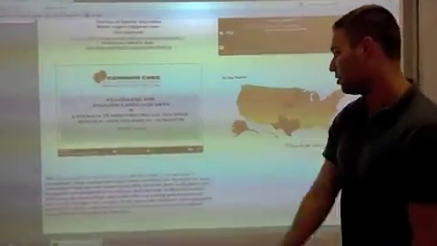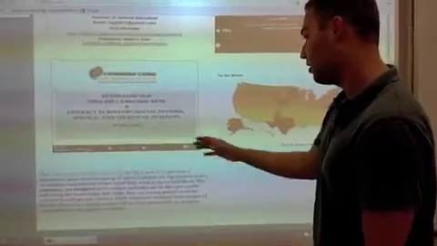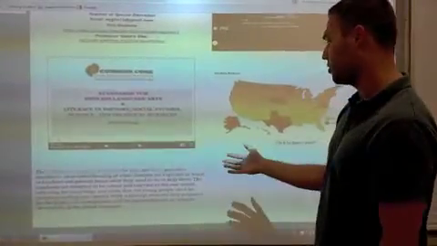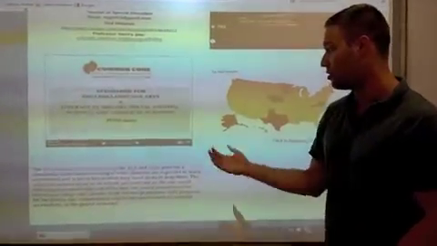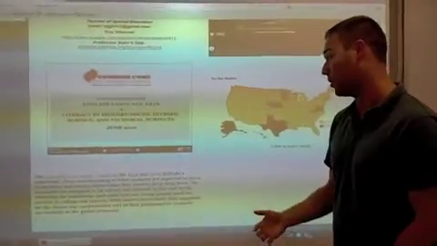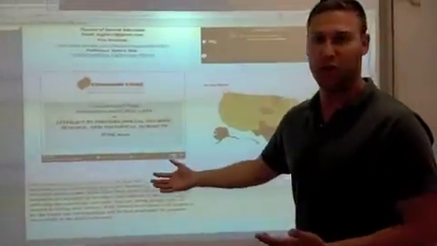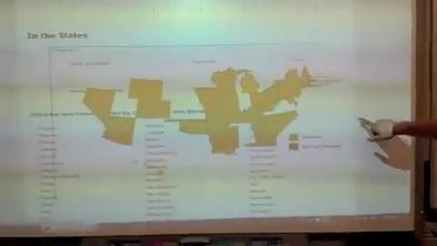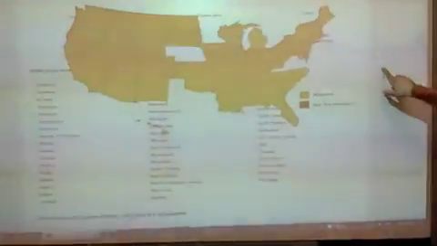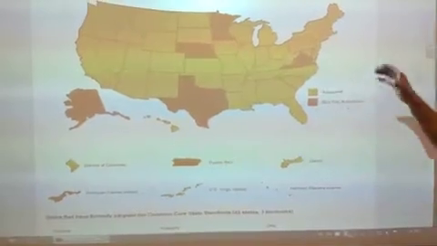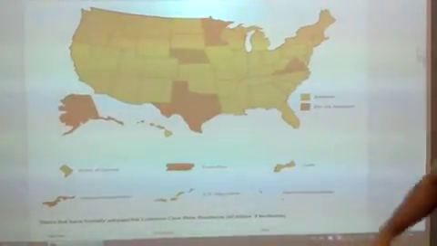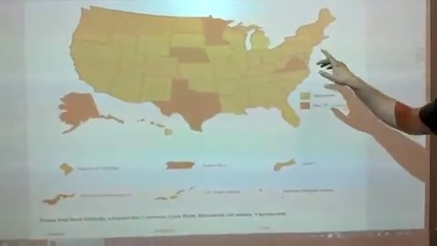So the Common Core standards for ELA and math provide a consistent, clear understanding of what students are expected to learn, so teachers and parents know what they need to do to help them. So you can read through that. You go on this website, it tells you which states have adopted it in the yellow, which states have not adopted it yet.